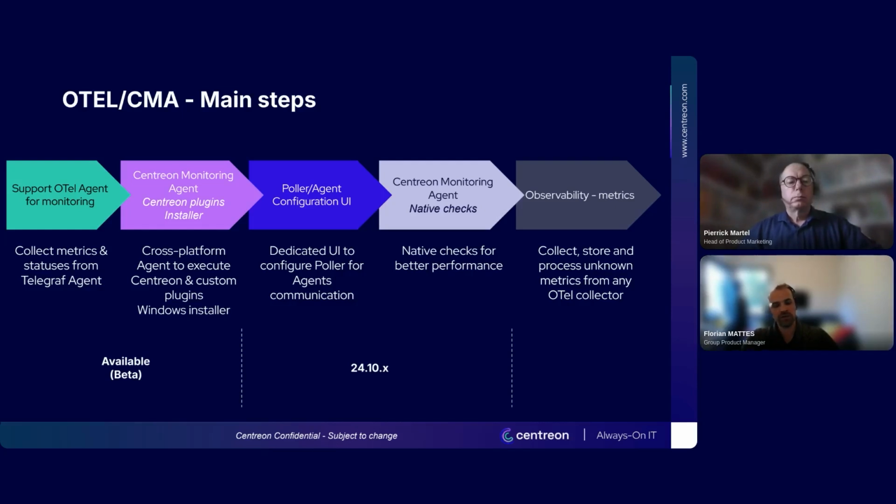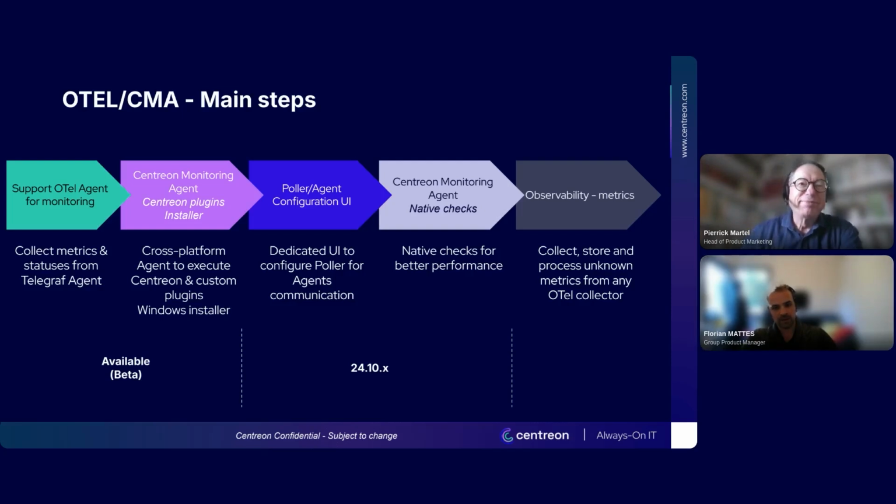So the goal is to ease the Poller configuration step by providing a very smart and clear UI and a lot of automation to avoid doing manual operations on JSON files on Poller or other stuff like that. So you just have to go in the UI, put some fields, certificate name, and validate. And it applies to a huge number of Pollers.